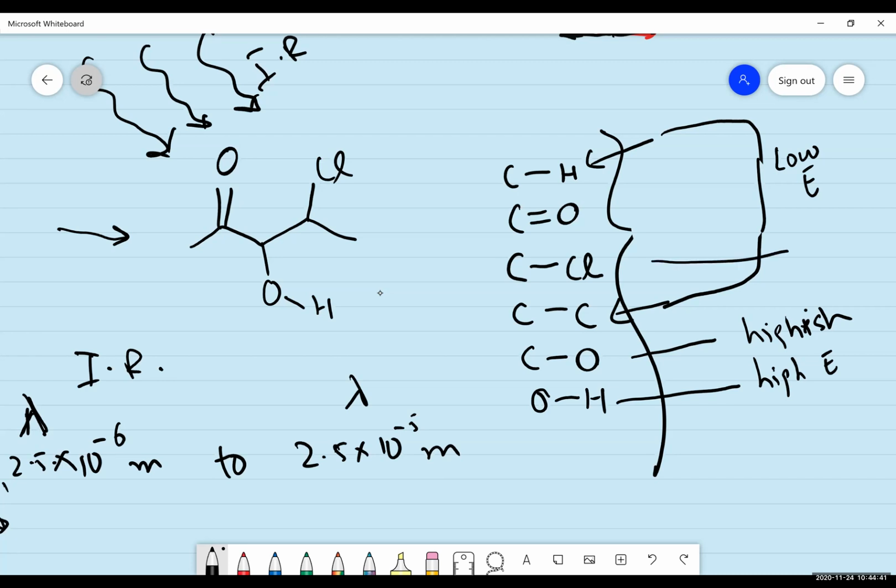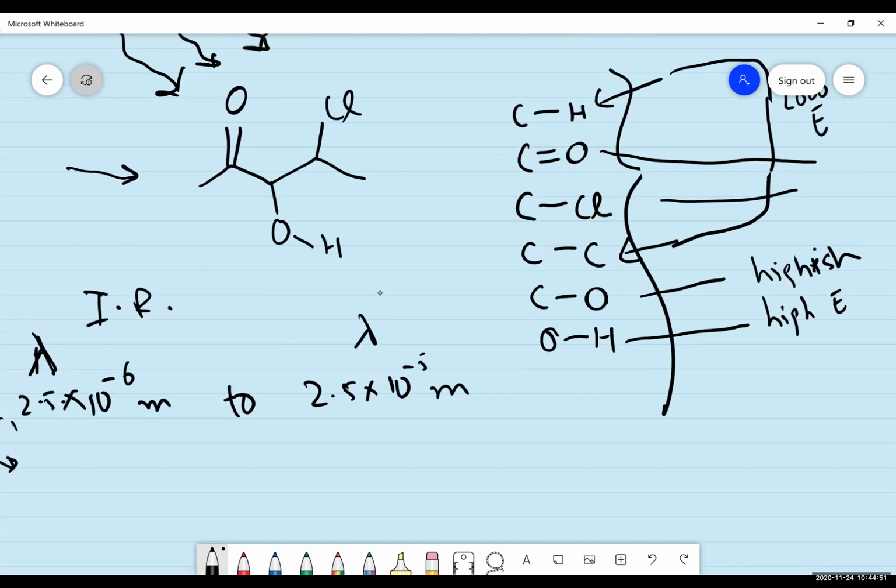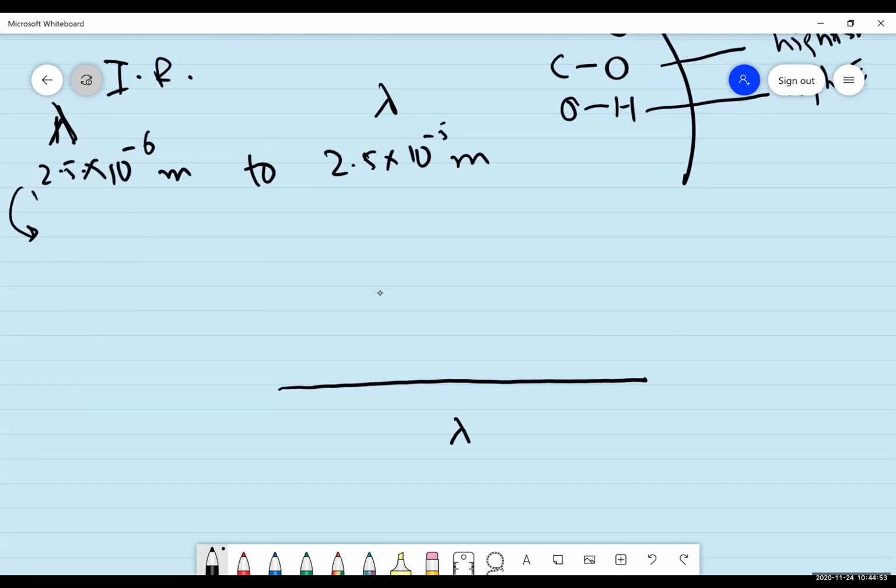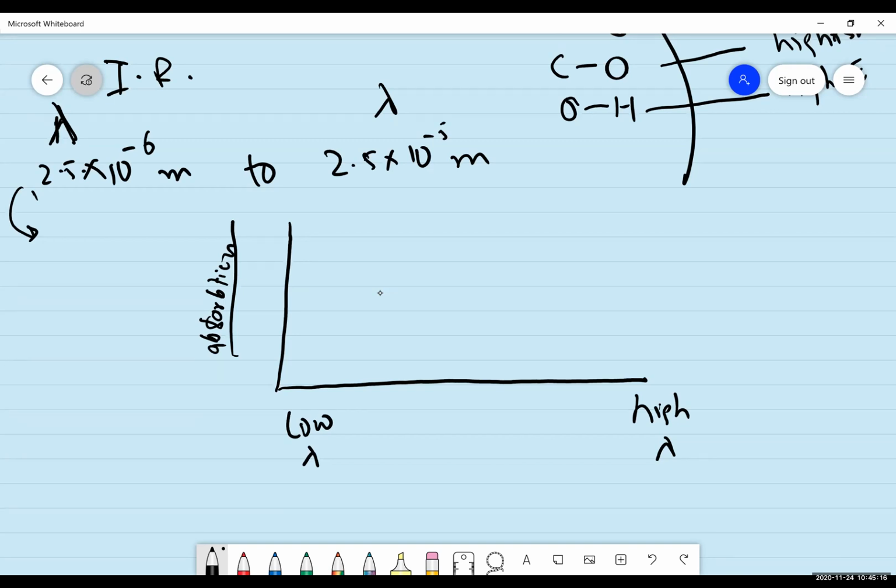CO and then Cl. And another thing, it depends on the strength of the bond. So a double bond is stronger than a single bond, right? So that will also be higher. So if I have to look at it, low lambda and high lambda, or low frequency and high frequency, and this way is absorption of radiation, the plot.